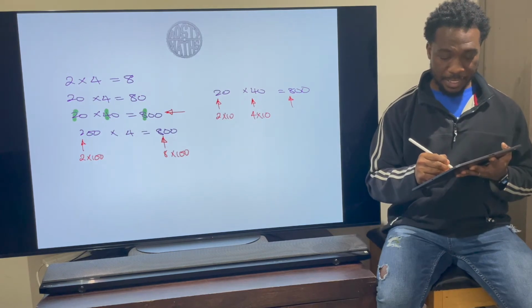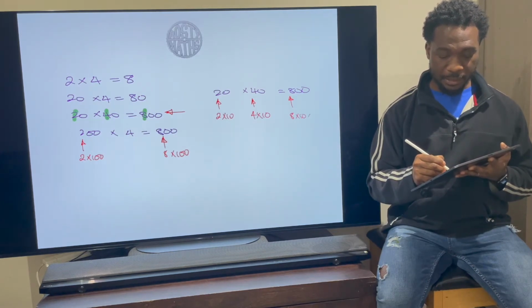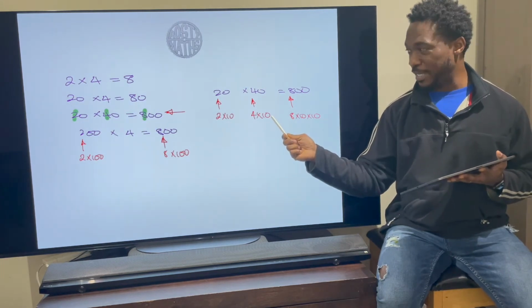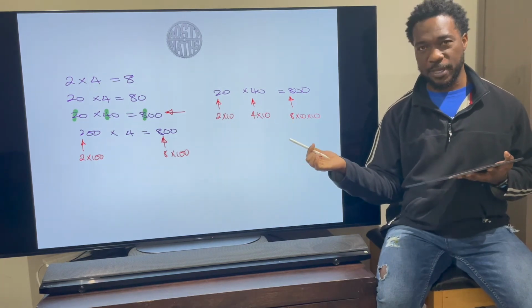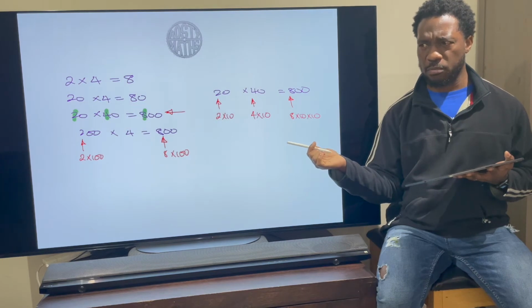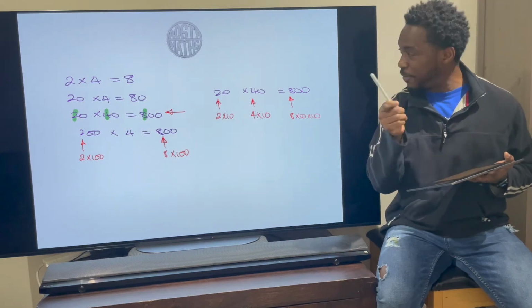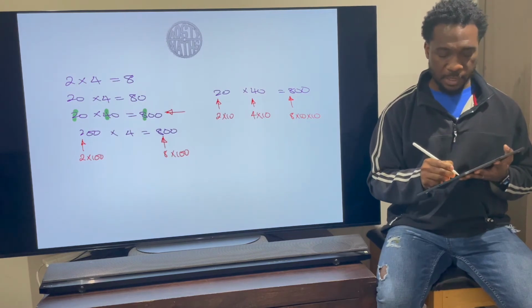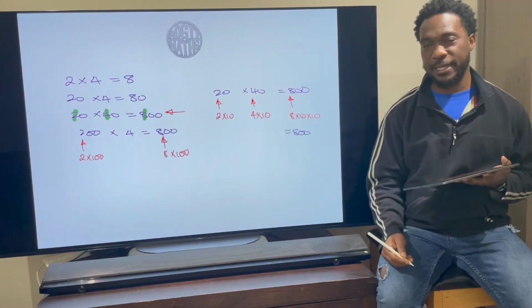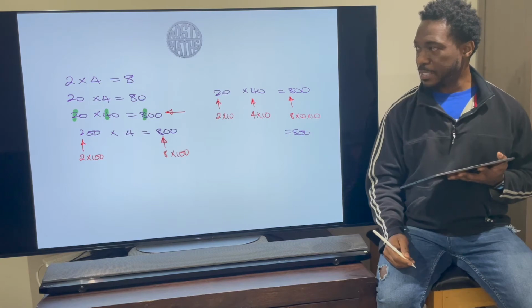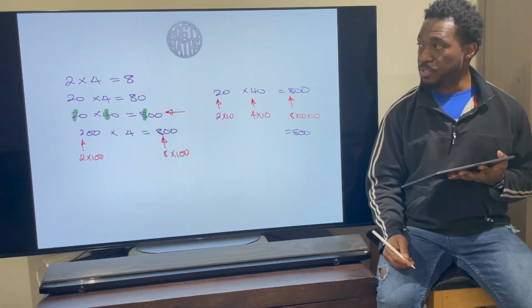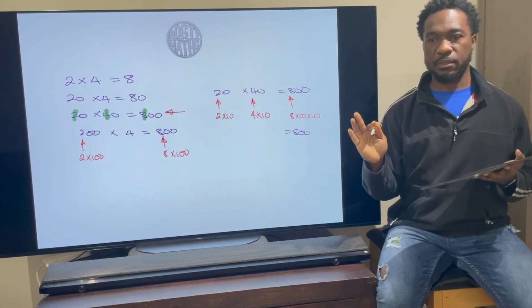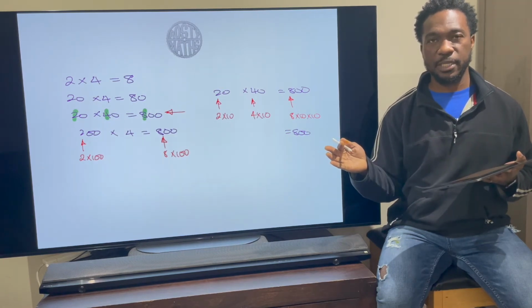Well, my 8 got multiplied by 10 two times, because it was multiplied by 10 here and multiplied by 10 here. So that's why it's been multiplied by 10 two times, or multiplied by 100. So that is what gives me my 800 there. And that's as simple as it is. And you can do that trick with any other combination of numbers in the times tables.